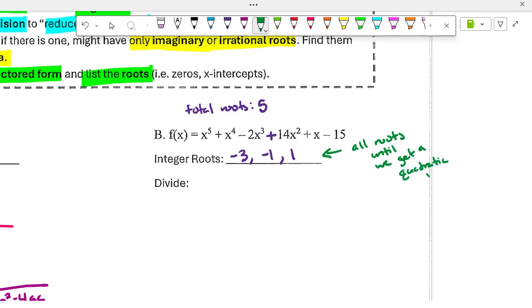So in other words, we're doing synthetic division 3 times. It doesn't matter which root you start with, but you're going to only use every root once for each time you do synthetic division.